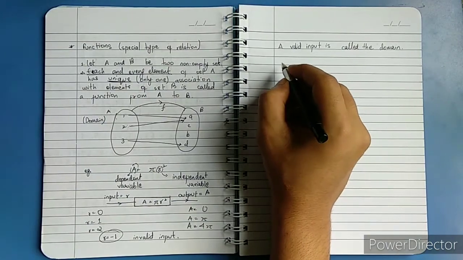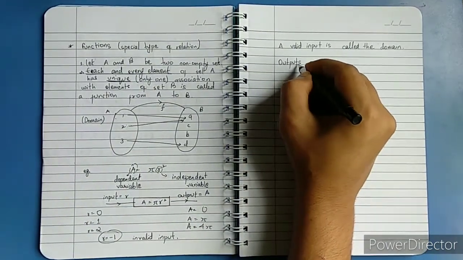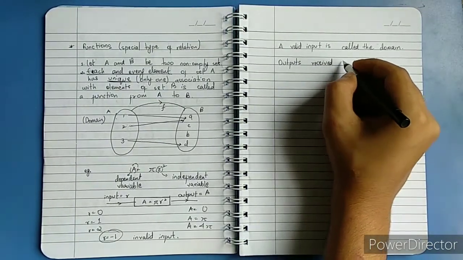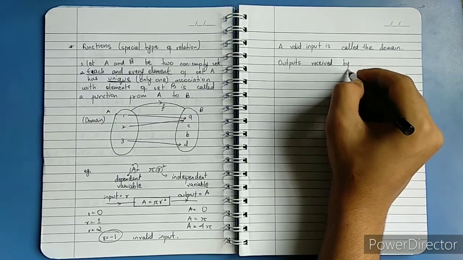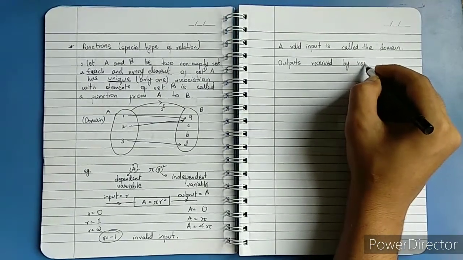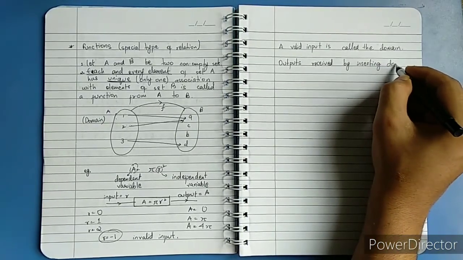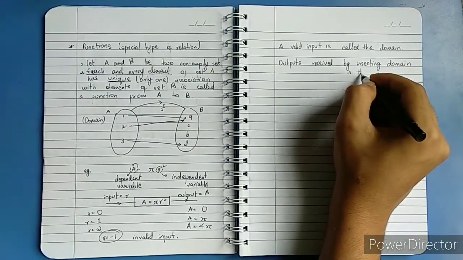And the output received by inserting the whole of domain is the range.